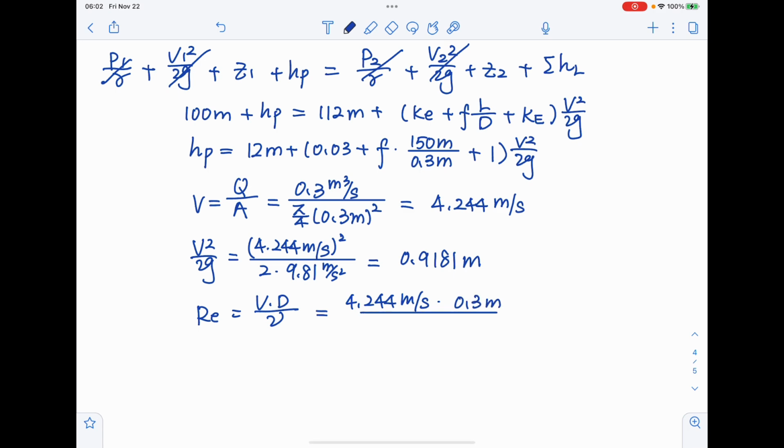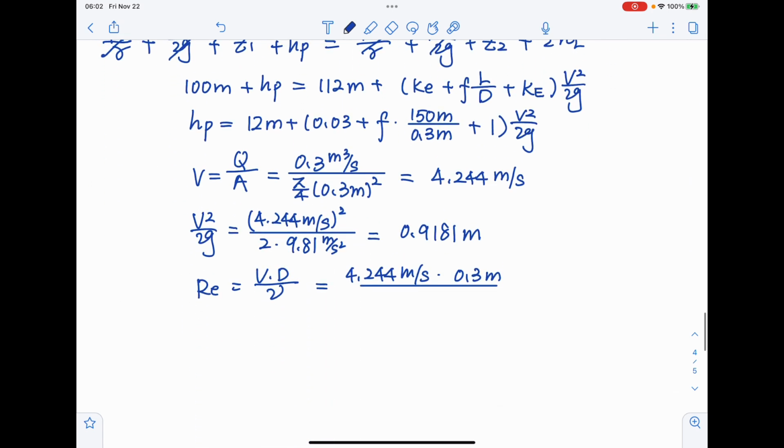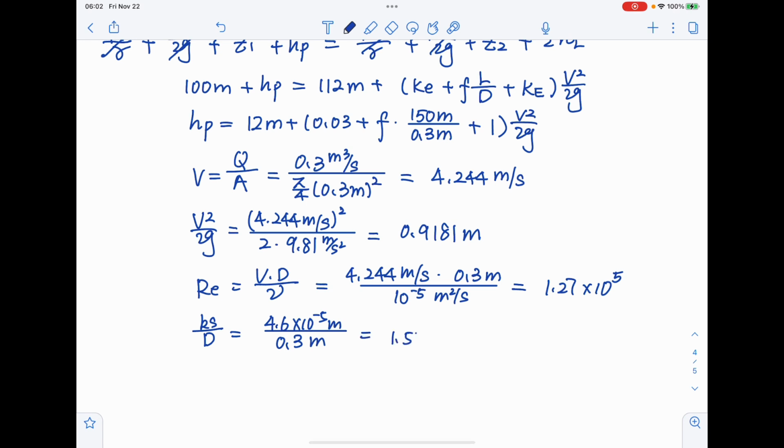The viscosity is given, which is 10 to the negative 5 meters squared per second. So the Reynolds number is 1.27 times 10 to the power of 5. And the relative roughness Ks over D equals 4.6 times 10 to the negative 5 meter over 0.3 meter. So it's 1.53 times 10 to the negative 4.